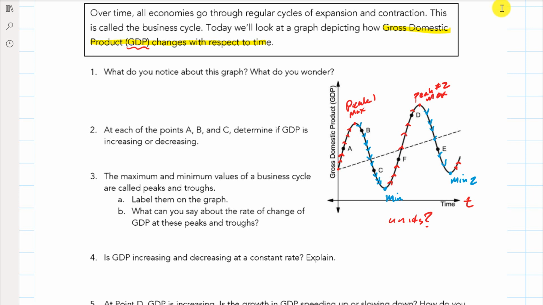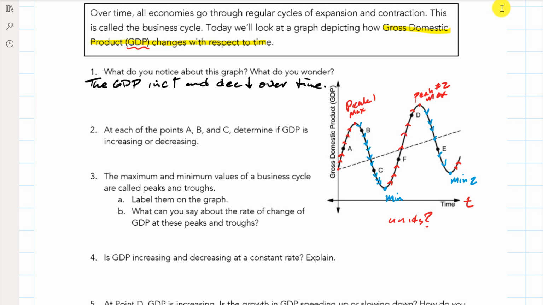Okay, so the GDP, gross domestic product here, increases and decreases over time. So increases goes up, and decreases goes down over time. That's the first thing I notice. Okay, so also, since the maxes are increasing, they're getting higher, and the minimums are getting higher, there is also a general upward trend, even though it goes up and down.